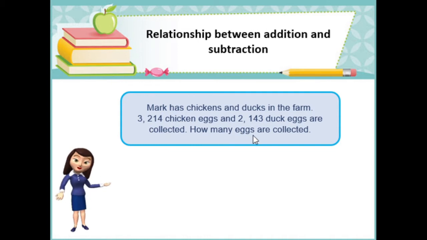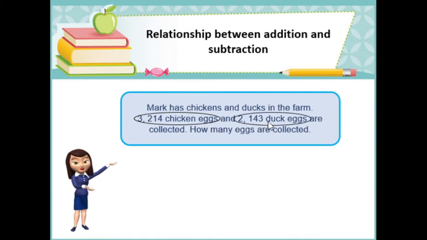How many eggs are collected? Of course, you need to look for the important data. 3,214 is the number of chicken eggs, and we also have 2,143 duck eggs from the ducks.